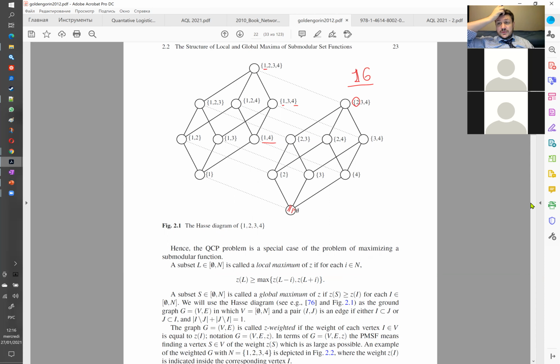It's the muddy children problem in logic, and if we construct some kind of representation of uncertainties, of alternative worlds and so on, it will be exactly their Hasse diagram.